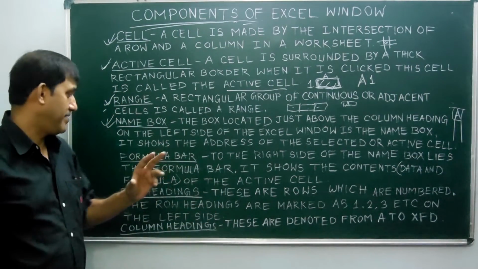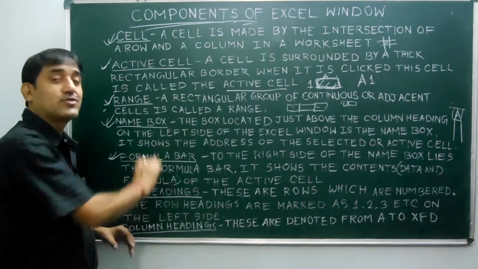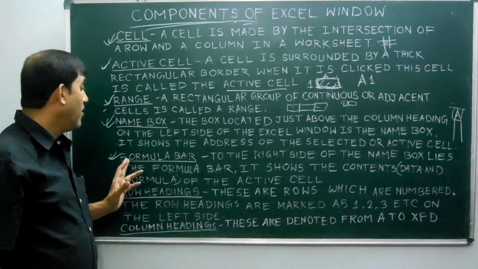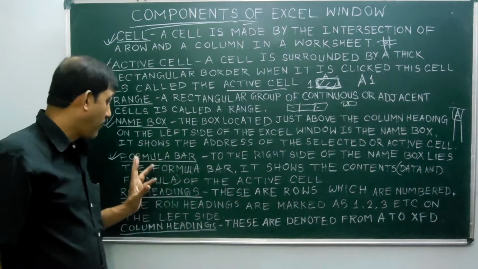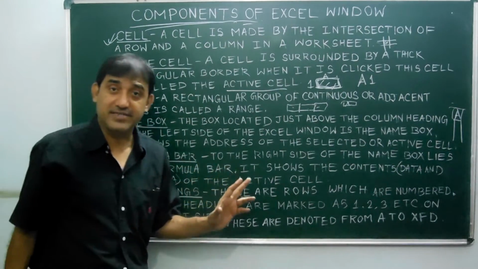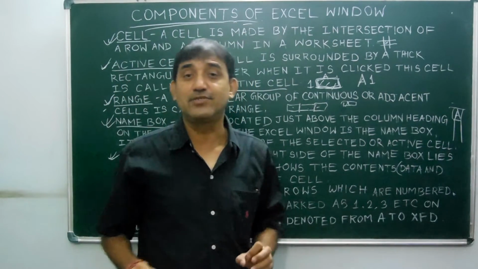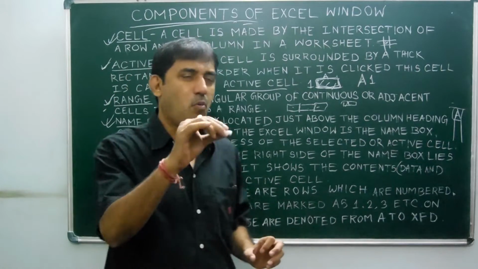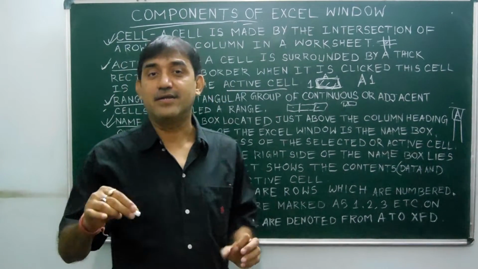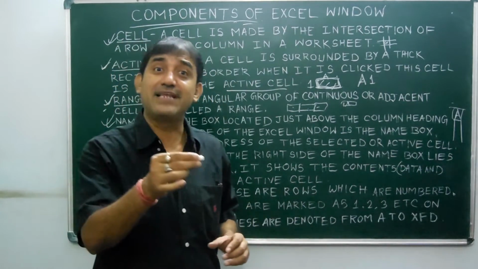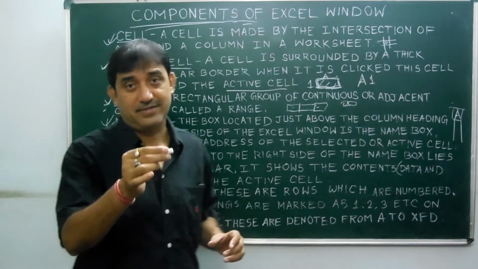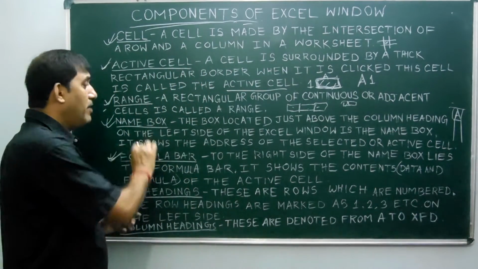Then the next component is the formula bar. This is where you write formulas, and the equal sign is used to make a formula. You can write A1 plus B1, and that will be added in the active cell. This is called the formula bar.